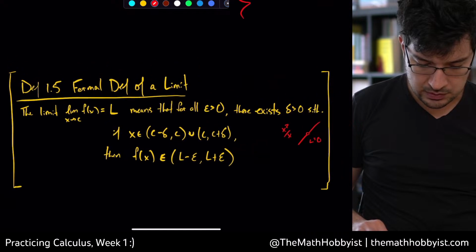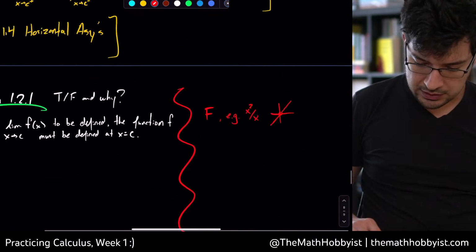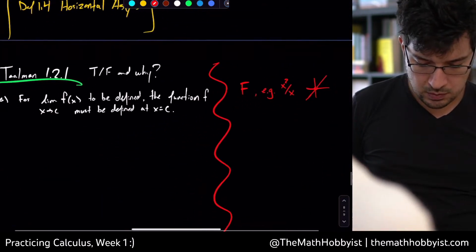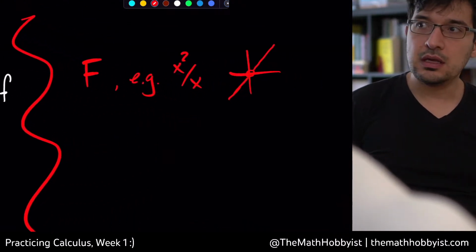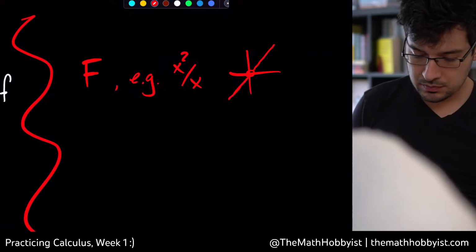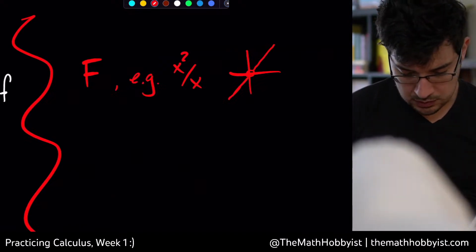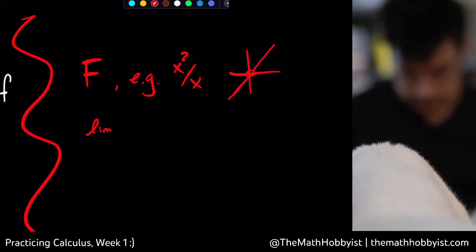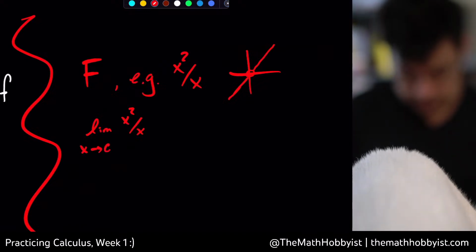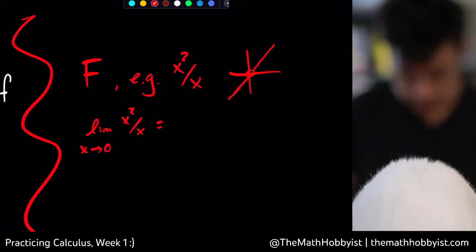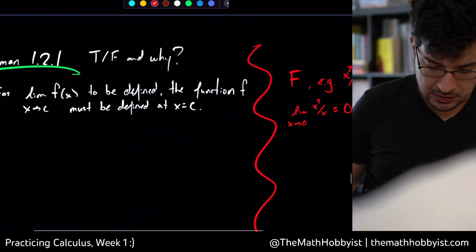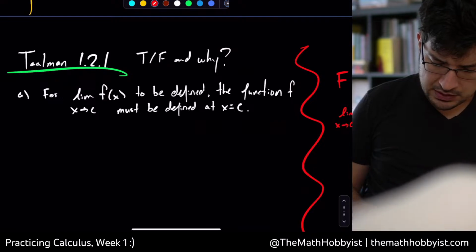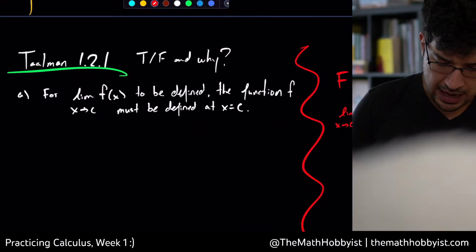All right, so now that we have this, we can try to show why x squared over x has limit 0. We want to show that the limit of x squared over x as x tends to 0 is the value 0. So it doesn't need to be defined at the point.